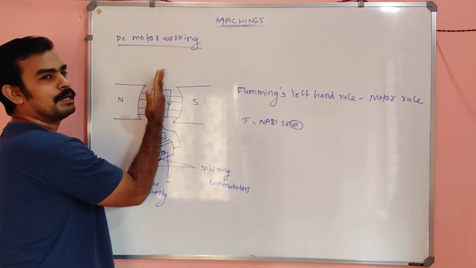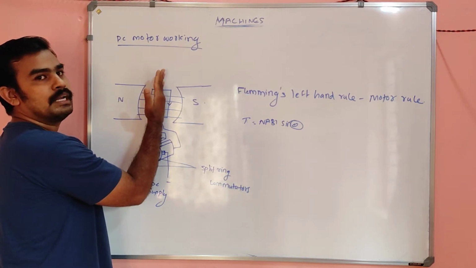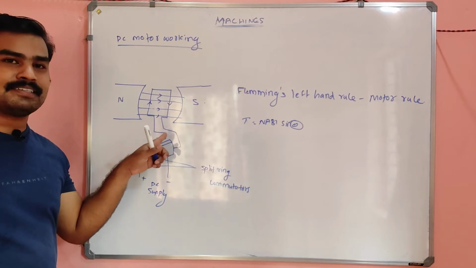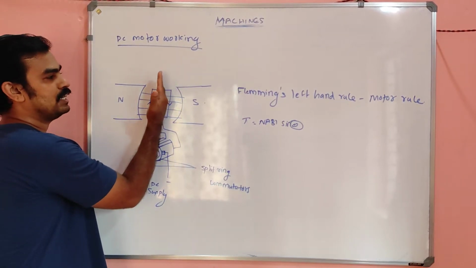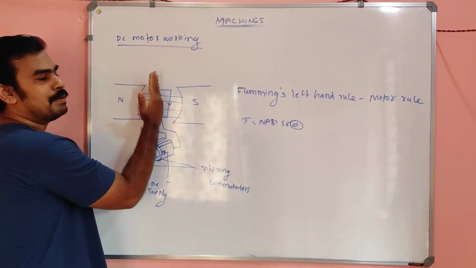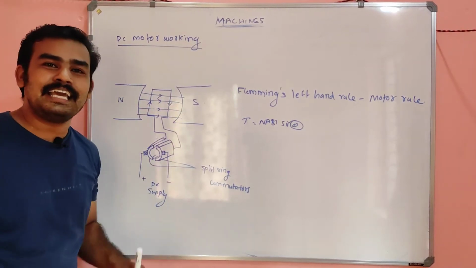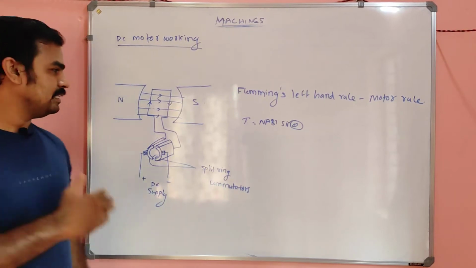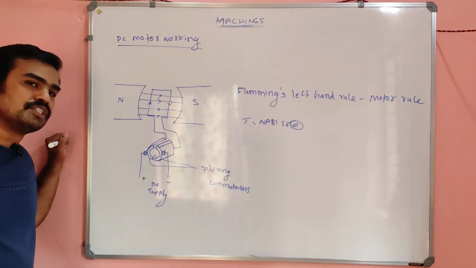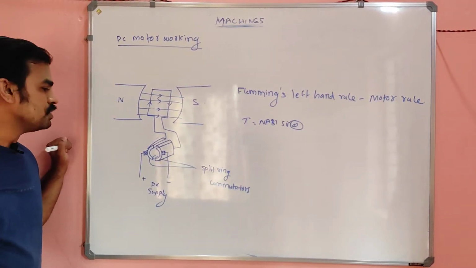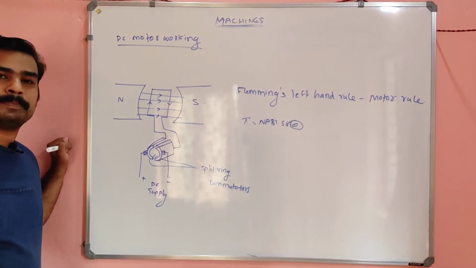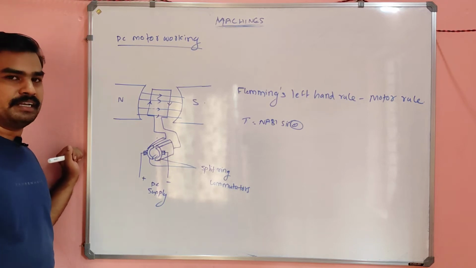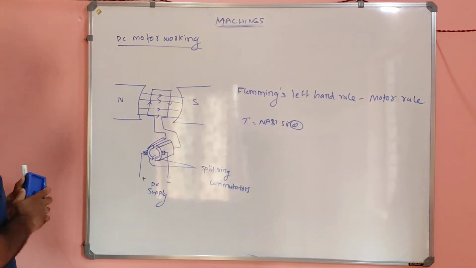So whenever zero torque happens on one coil during the rotation, the other coil will be in the perpendicular condition. So there will be a uniform torque and a continuous rotation. Is it clear? So that is the simple working of the DC motor, my dear. Okay. So that's all.